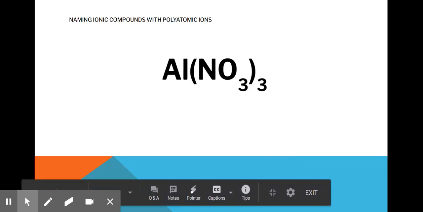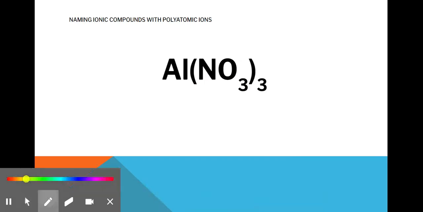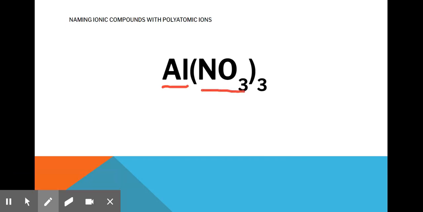This is what a compound with a polyatomic ion looks like. Notice, by the way, that we've got Al, and then inside the parentheses, we've got NO3, and then outside the parentheses, 3.